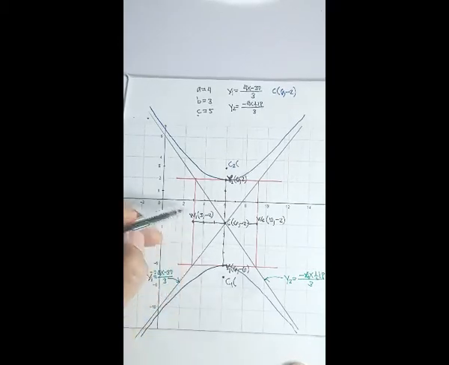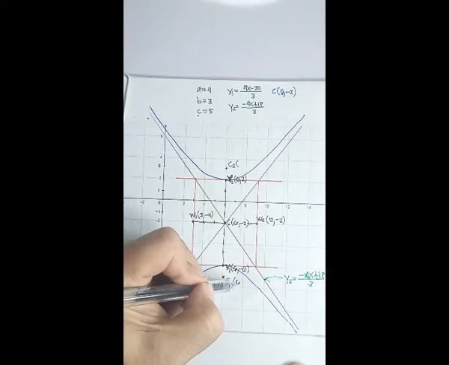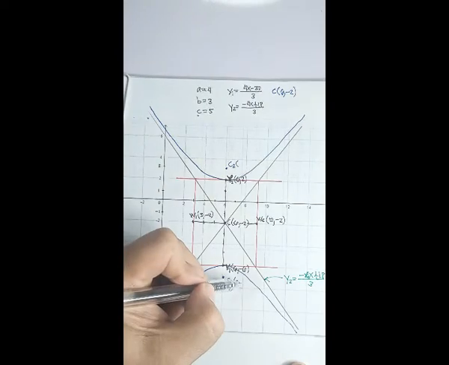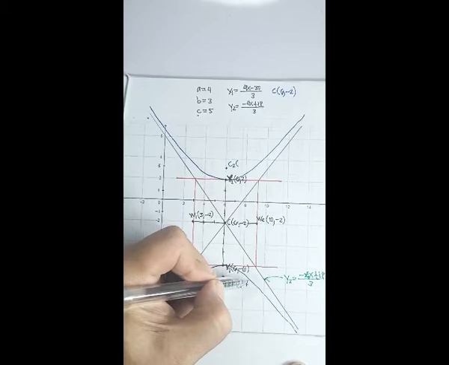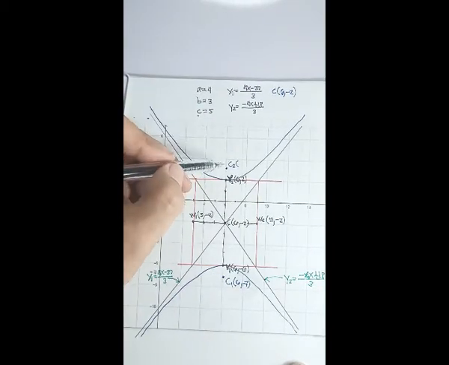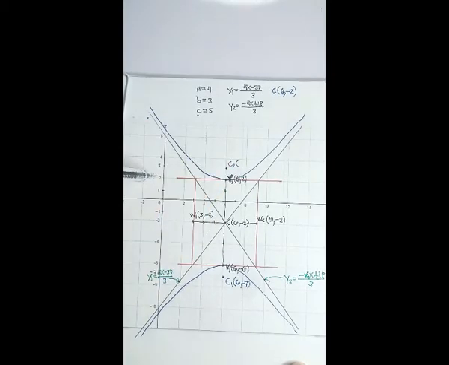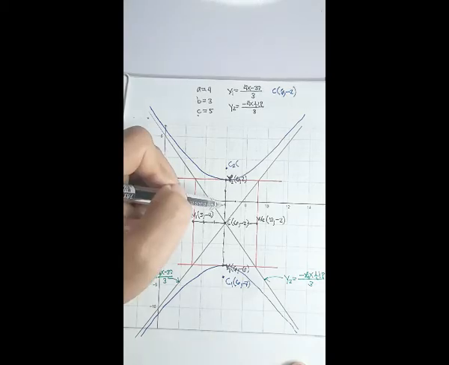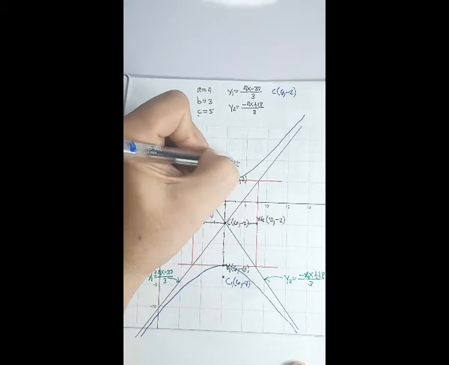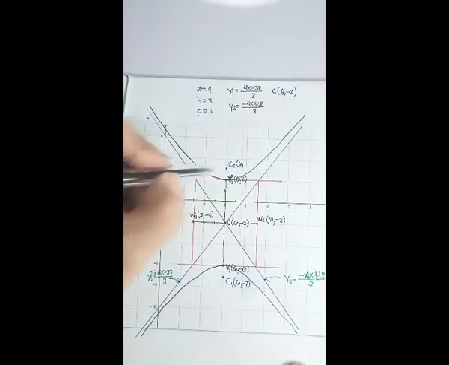So location sa atong C1, it is 6, then negative 7. And then itong C2, ang center sa atong curve opening upward, it is at, again, along the x-axis, it is 6. And then along the y-axis, it is 2.